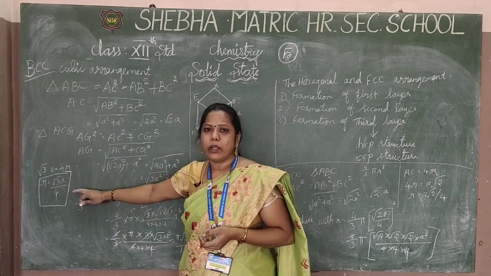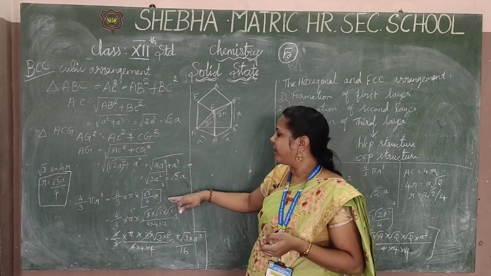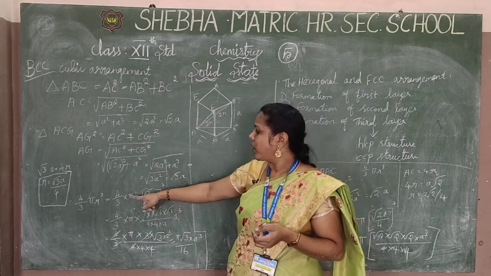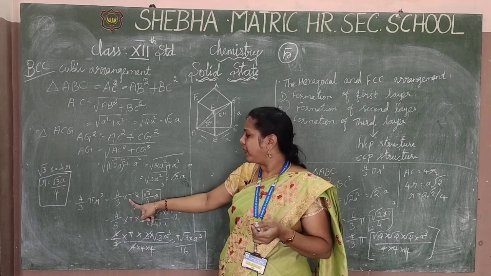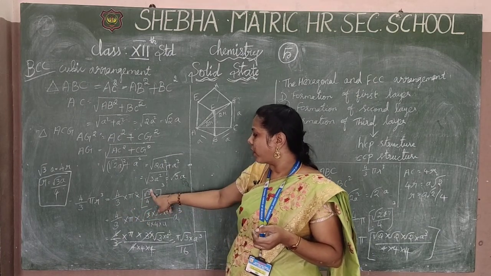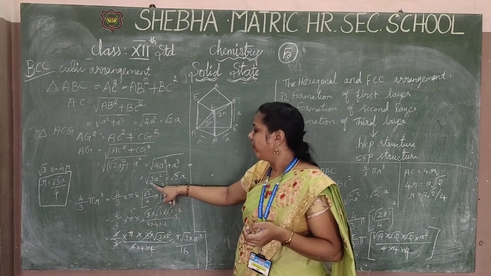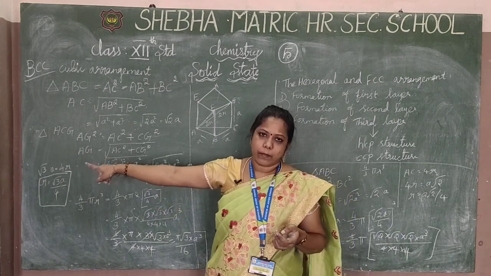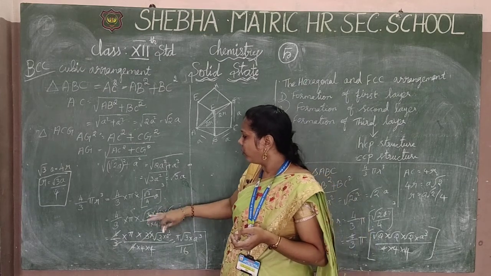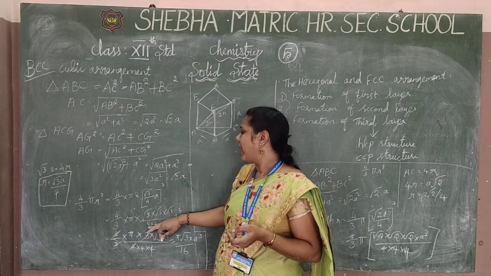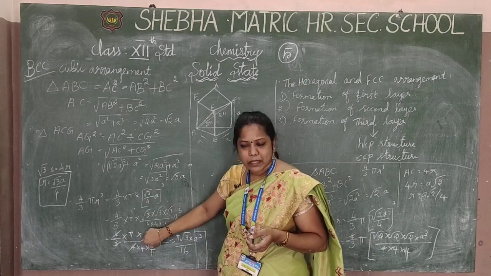So I am going to substitute this radius value into the formula. So 4 by 3 into pi into root 3 by 4 into a, the whole cube, where this value is r. Then we substitute in the formula, verify and simplify this.